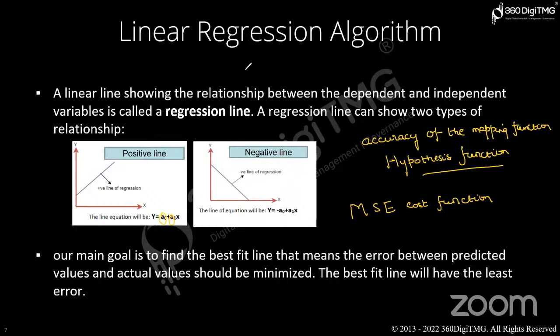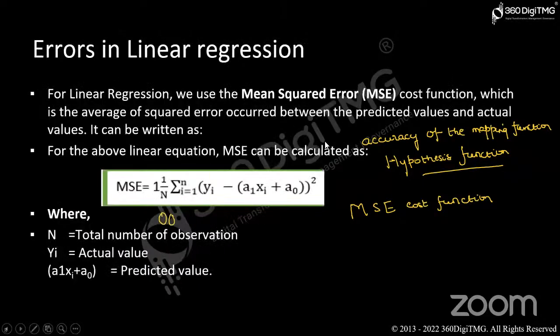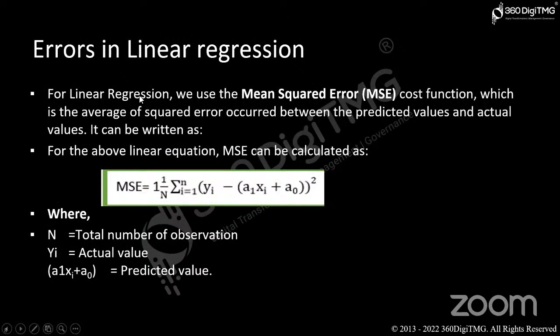And this is what is being talked about here. So, for linear regression, we use the mean squared error cost function, which is the average of squared error occurred between the predicted values and actual values.